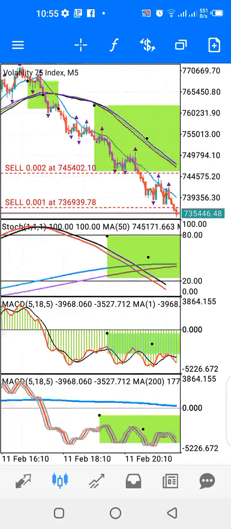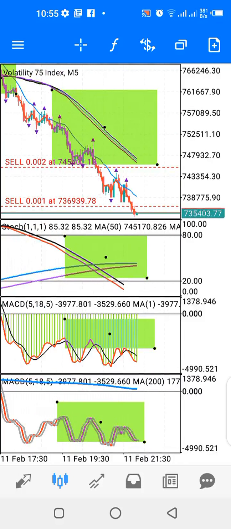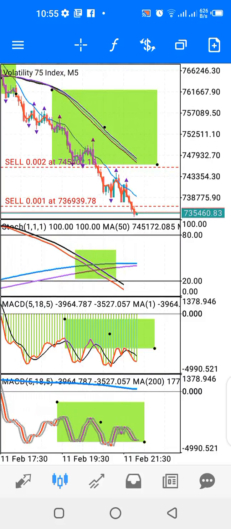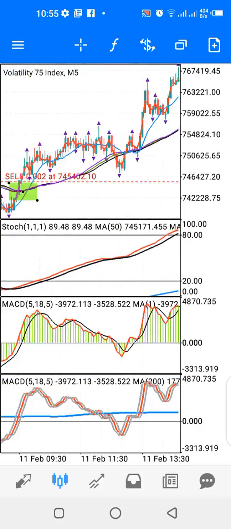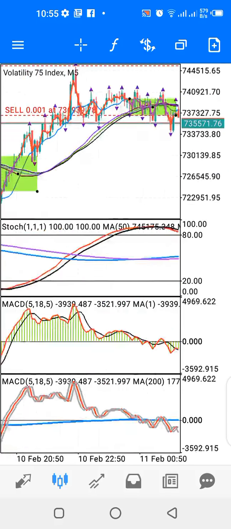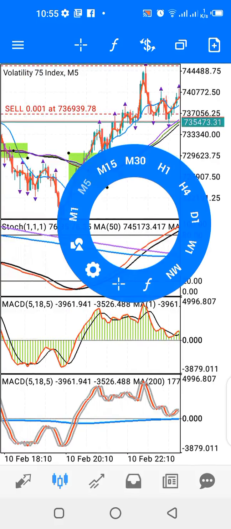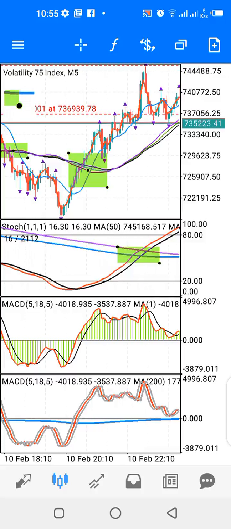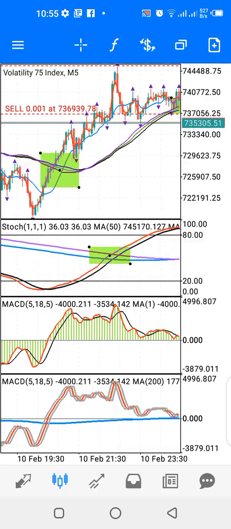When you have a cross down, like you have a cross down around here, for indicator window 1, that is your sell signal. Okay, like a sell trend, beginning of a sell trend. Then if you have a cross up like you have around here, when the red and the black line cross above the blue and purple lines, then you have a beginning of a buy trend.